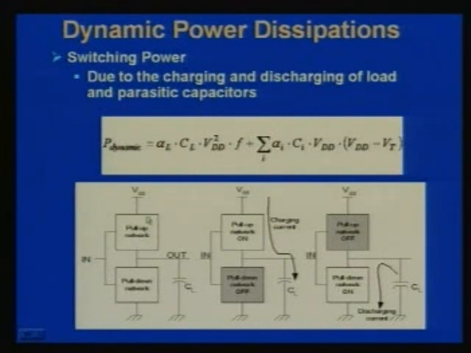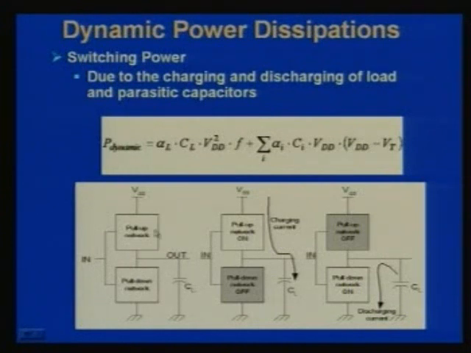This is the schematic diagram of a CMOS circuit. As you know, there is a pull up network made of PMOS transistors and a pull down network made of NMOS transistors, isn't it? Now, for some input combination, the output will become high.